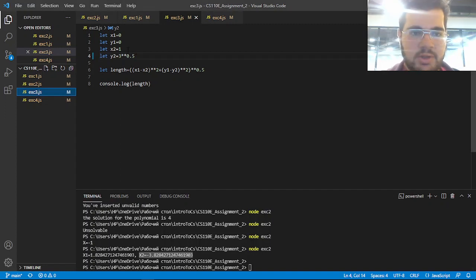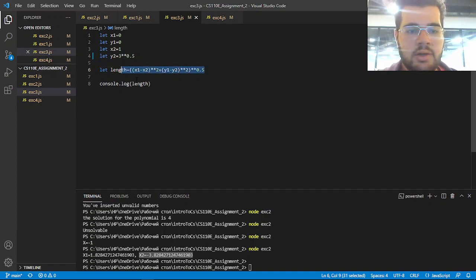For that, the user inputs four values, the two coordinates for 2 points, and then the program computes the length of the line between those 2 points by the formula, and prints that length.